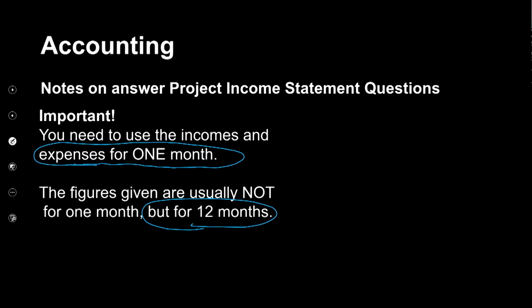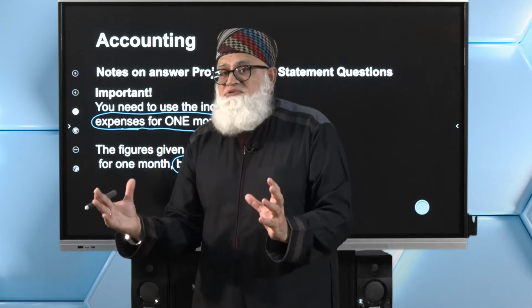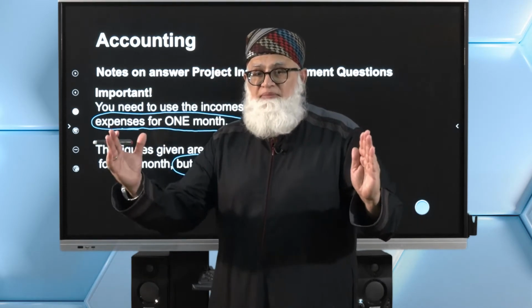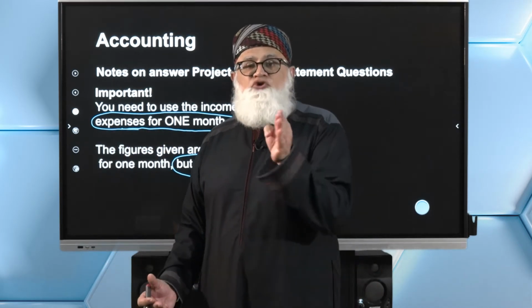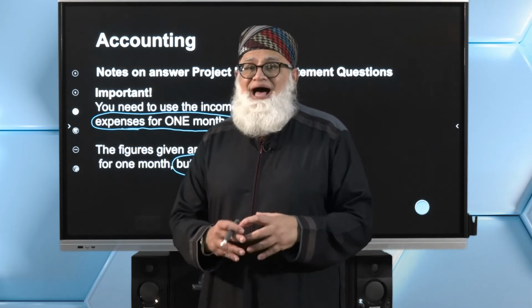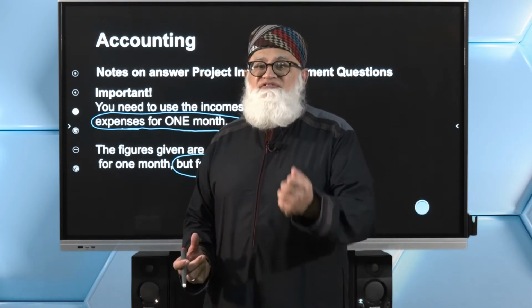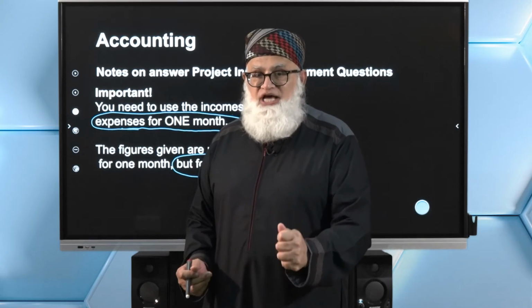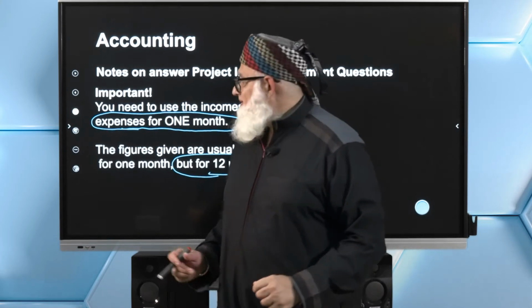You need to reduce those figures to work out what it is for 1 month. That is simple. You are given an actual income statement from January to December, which is 12 months. But if you're projecting for 1 month only, then those figures are for 12 months. You need to divide by 12 to determine what it is for 1 month.